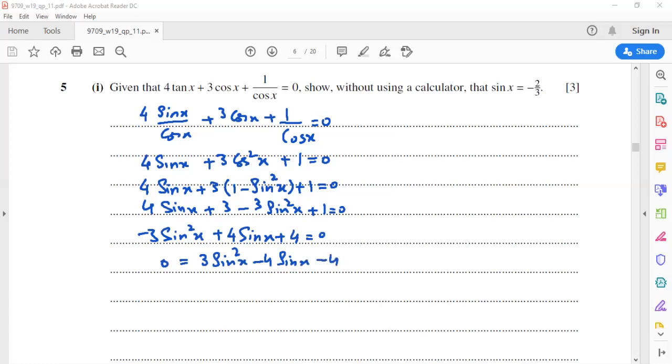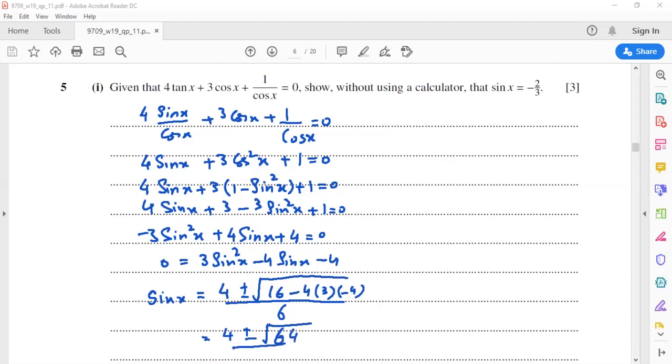Now, since we are not allowed to use a calculator, we place this in the quadratic formula. sin x is equal to minus b, so it's going to be plus 4, plus minus square root of b square, meaning minus 4 square, which is 16, minus 4 into 3 into minus 4, divided by 2a, which is 6. If you simplify this, it takes you to square root of 64 divided by 6.